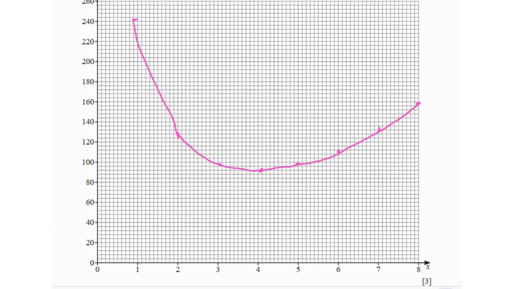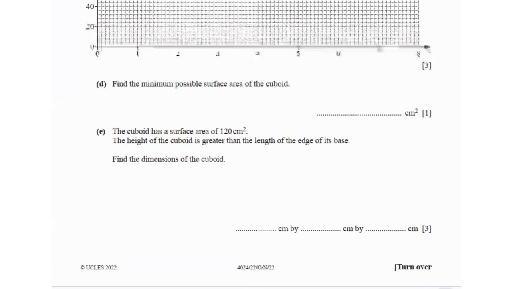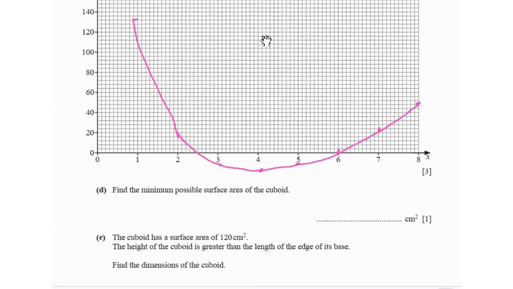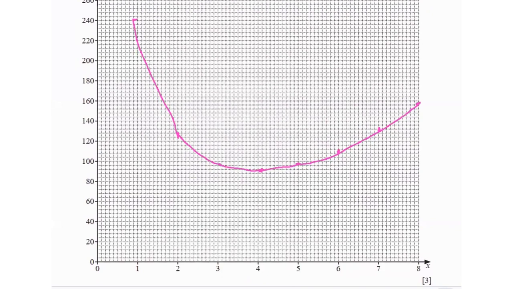Next, what they're asking us to do is find the minimum possible surface area of the cuboid. And the cuboid has surface area of 120. Find the length, height, and all of that. Okay. So 120 and the minimum possible. Minimum possible is going to come at the turning point.